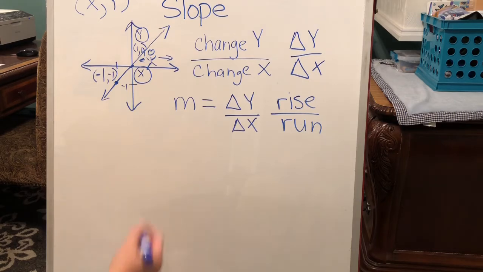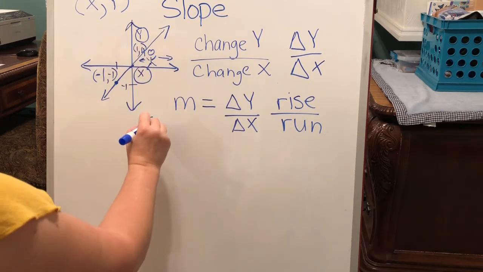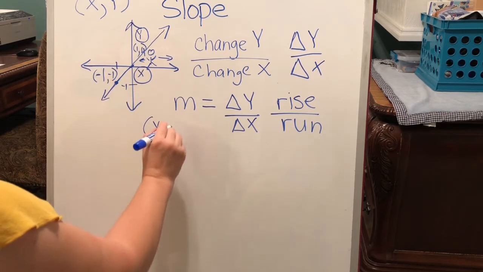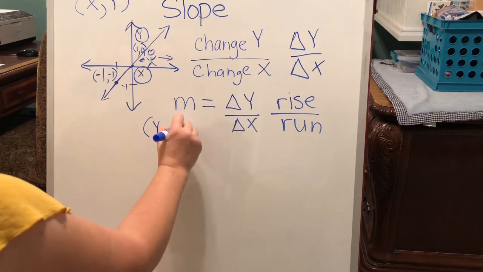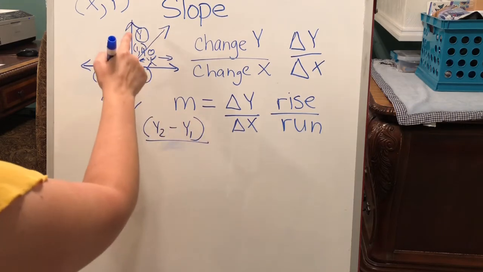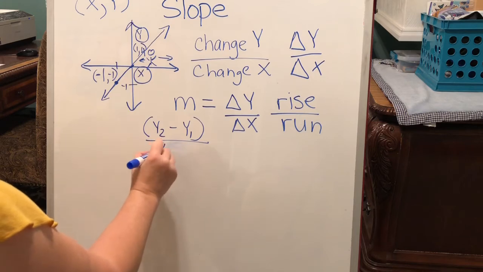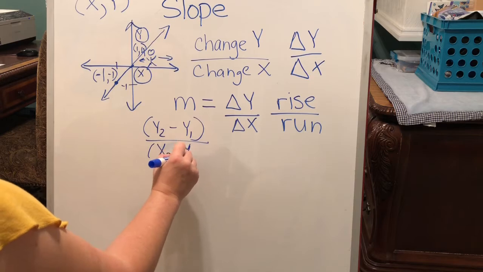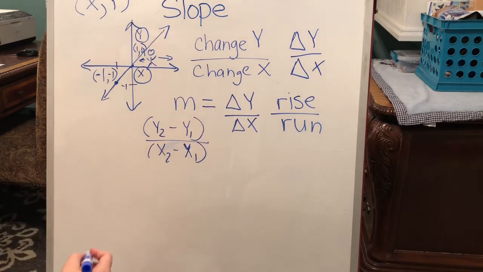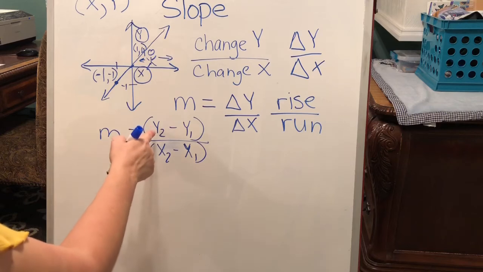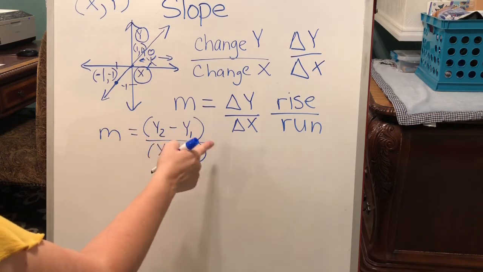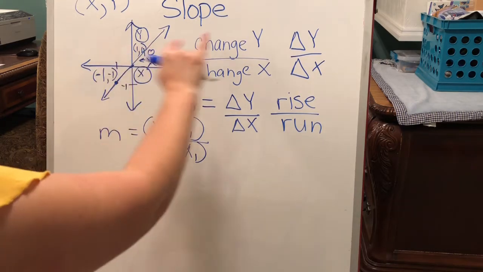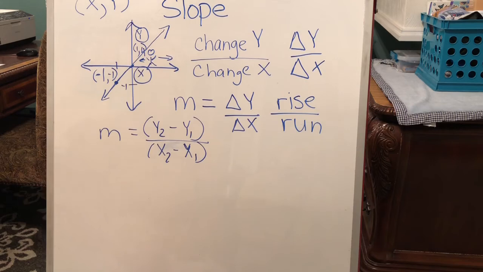So we have a formula for that: slope is equal to the second y minus the first y over the second x minus the first x. And you will see that creates the difference or the change between those 2 points.